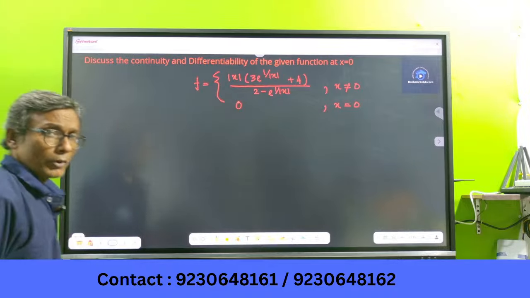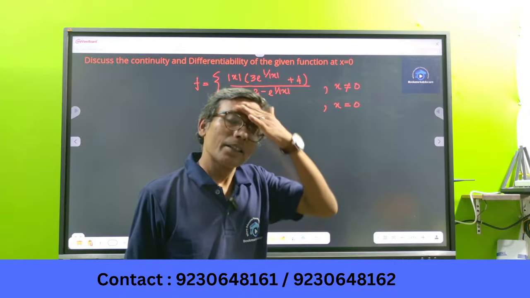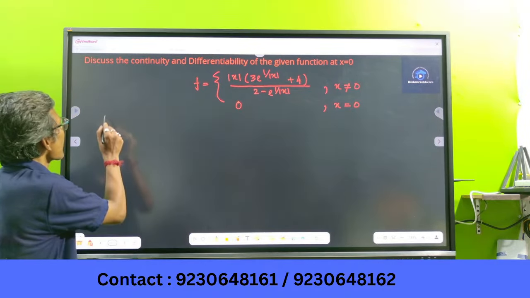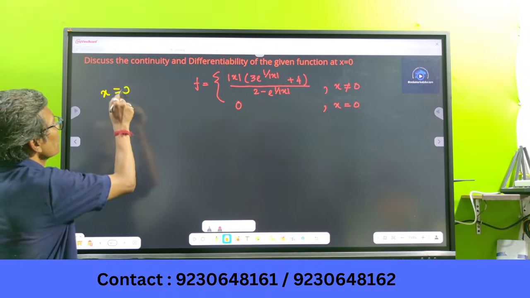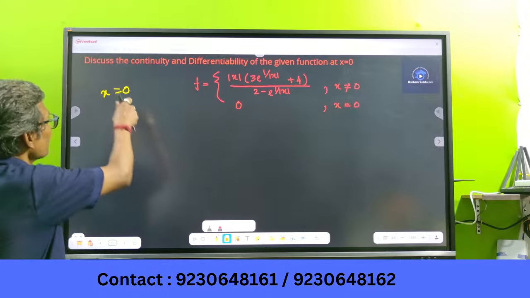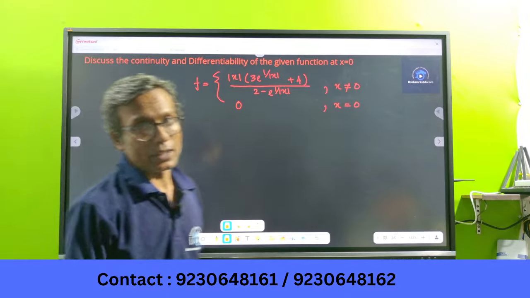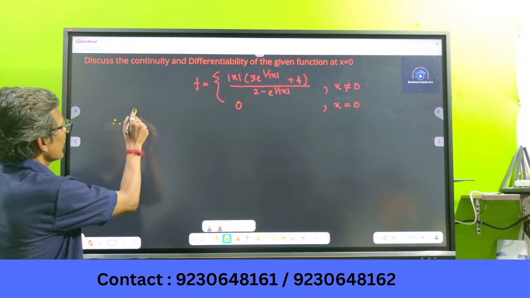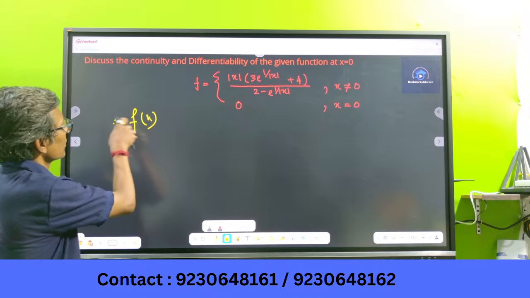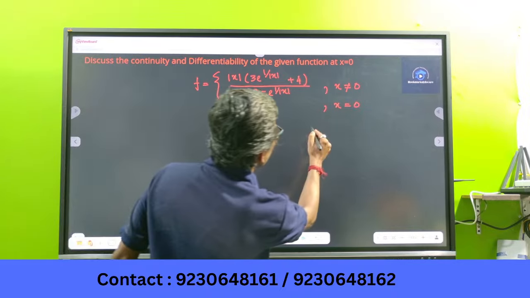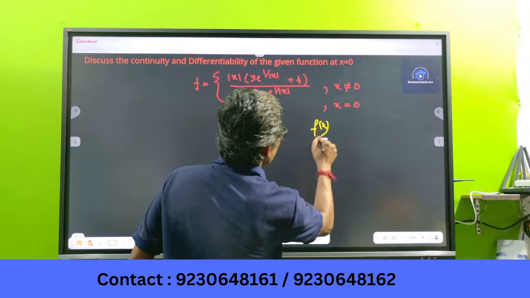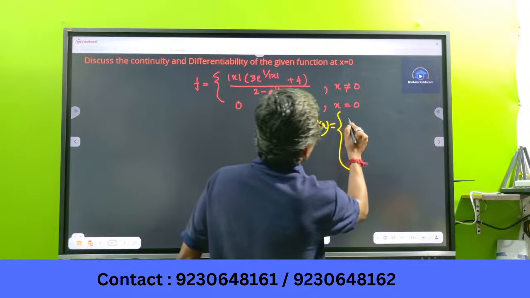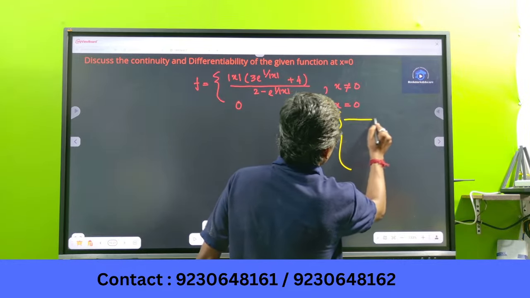So first of all, we check continuity at x is equal to 0. First of all, we rewrite the function. So f of x is equal to minus x.